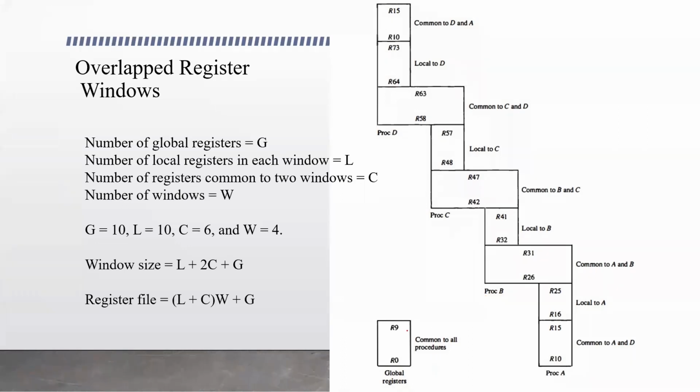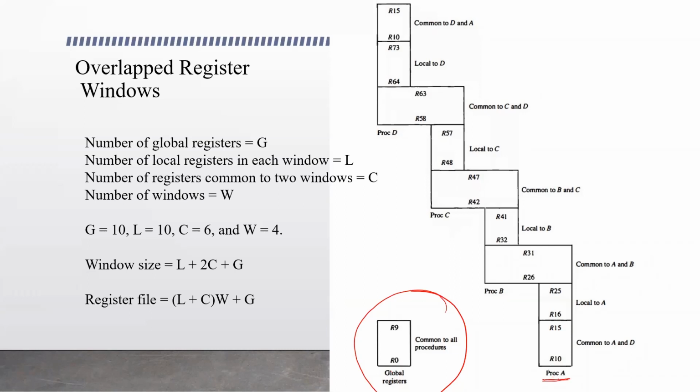Here we have registers R0 to R9. These are all the global registers. Global means the registers that can be accessed by all the procedures.